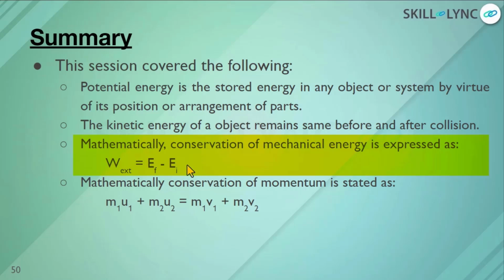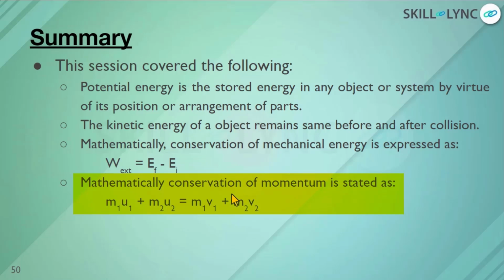After learning the conservation of mechanical energy, we got an opportunity to learn conservation of momentum, where conservation of momentum can be mathematically expressed as m1u1 plus m2u2 is equal to m1v1 plus m2v2. Here, this mathematical equation states that the momentum before collision is equal to momentum after collision.